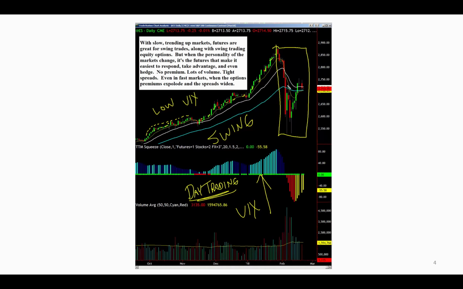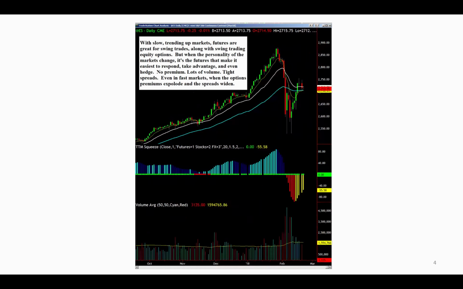And a lot of times options may trade 5,000 contracts on a day if they're liquid, whereas the S&Ps would trade 800,000 contracts on a quiet day. So the spreads are really tight, they're very liquid, and there's no premium, right? And so in this kind of environment, it's nice to be able to at least understand and take advantage of moves like that, all right?